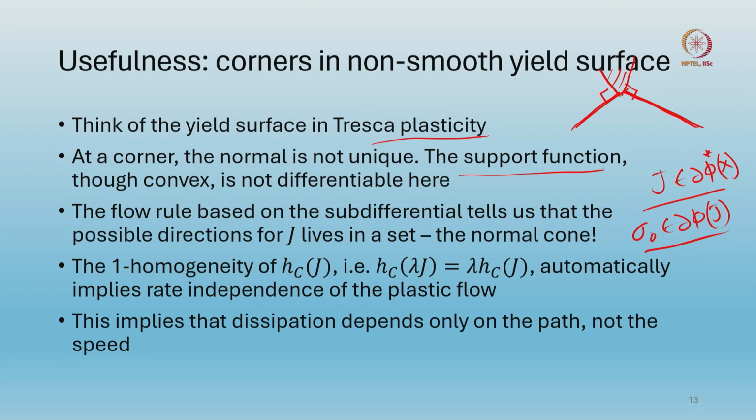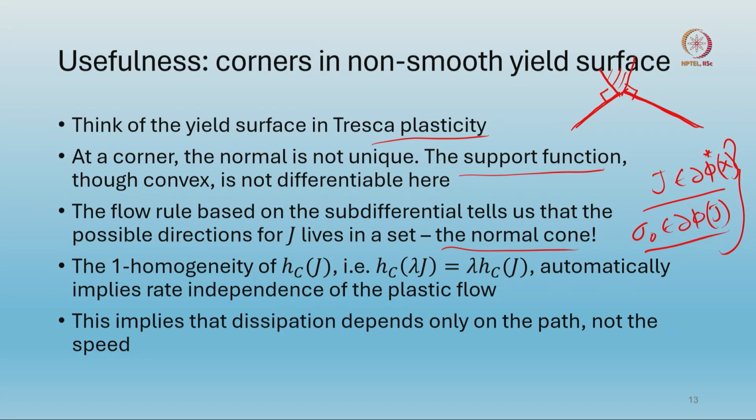In both cases it is captured. So basically the flow rule based on the subdifferential tells us that the possible directions of J live in a set, the normal cone. That is a very interesting point. The one homogeneity of the support function automatically implies the one homogeneity and hence rate independence of the dissipation potential.